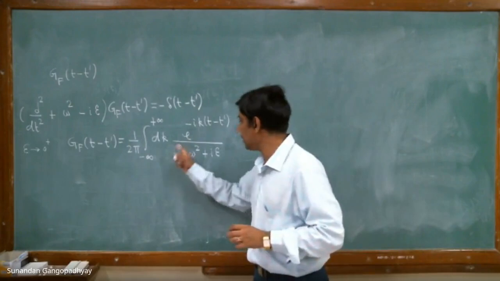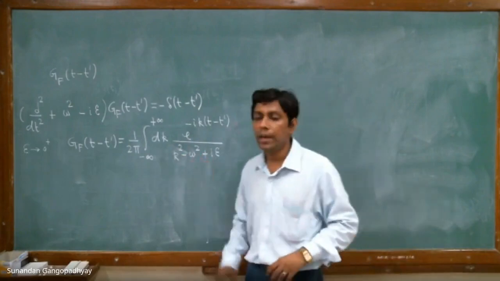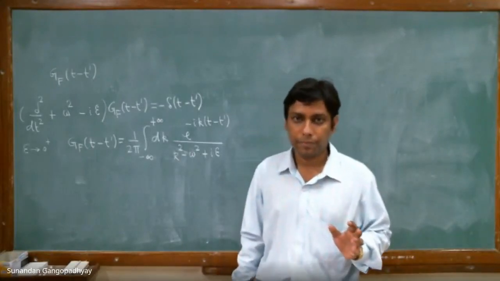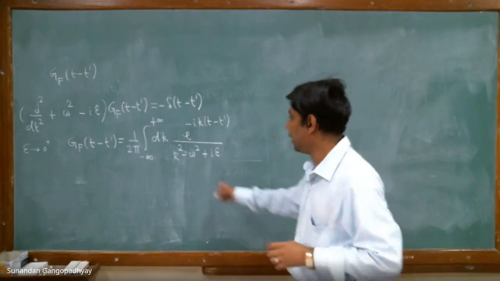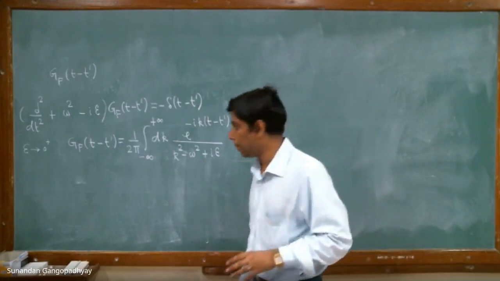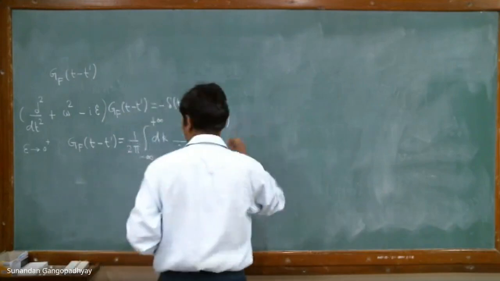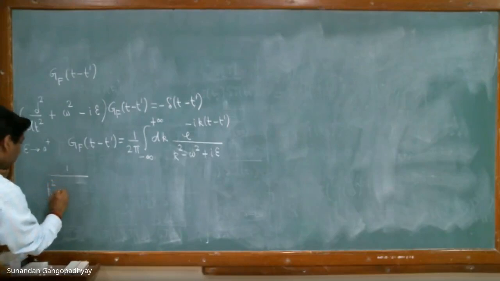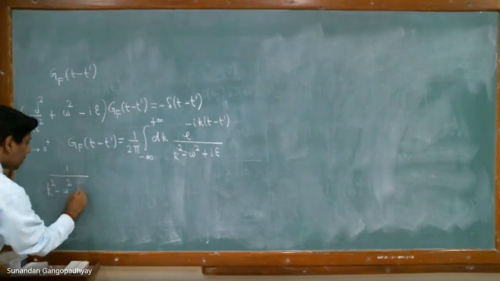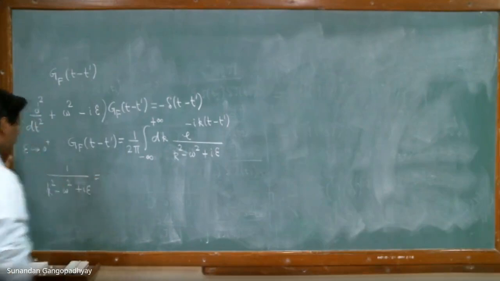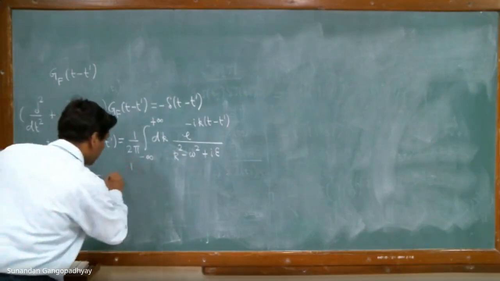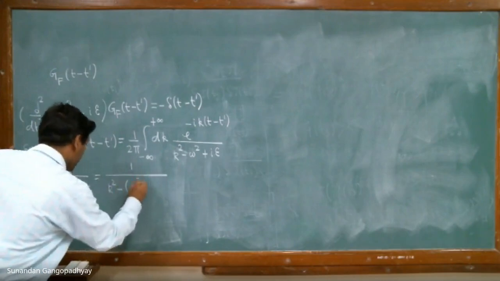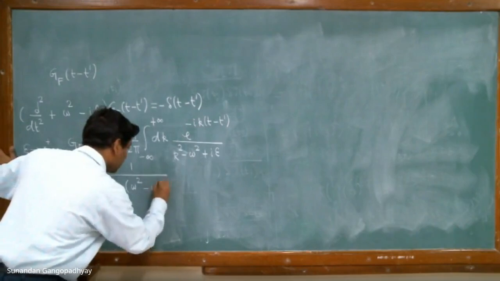And the denominator tells us that this integrand has simple poles in the complex k plane. Right? We have done complex analysis. Therefore, this has simple poles in the complex k plane. So let me write this denominator, 1 by k squared minus omega squared plus i epsilon, the following way. You can write this down as 1 by k squared minus omega squared minus i epsilon.